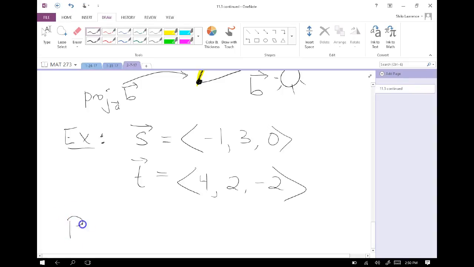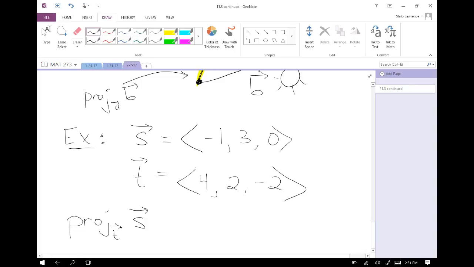That is an excellent question. We need to know that because it makes a difference. Okay, so we're going to do the projection of S onto T. The one that's written as the subscript is the one that we're going onto, which means our final answer is just a scalar multiple of T, which means what goes in the denominator of our scalar?